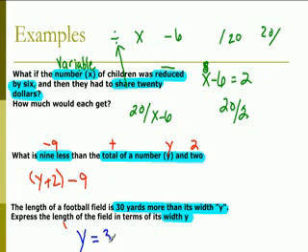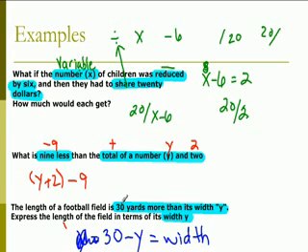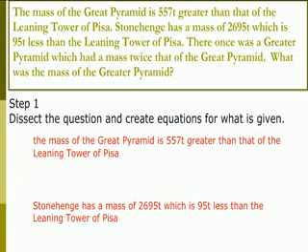So if it's more than, the width has to be less, so 30 minus y would equal the width. See, even sometimes teachers have to rewrite. So the length is 30 yards more than its width, so that means the width is 30 less. Sometimes you have to really read those to make sure what they're asking. So those are a few practice problems.